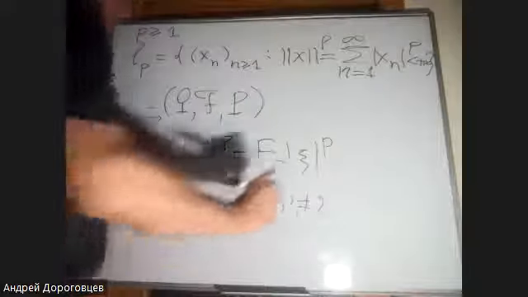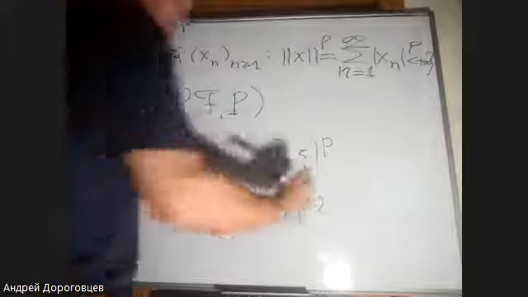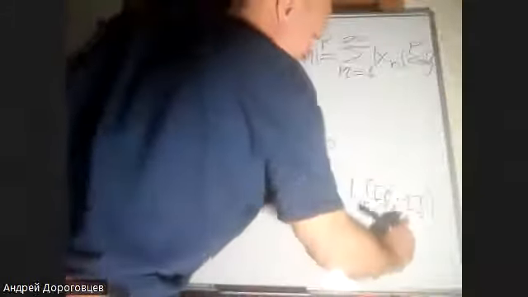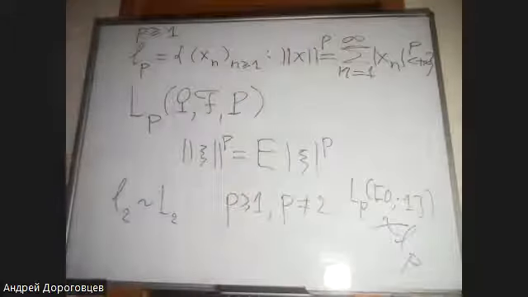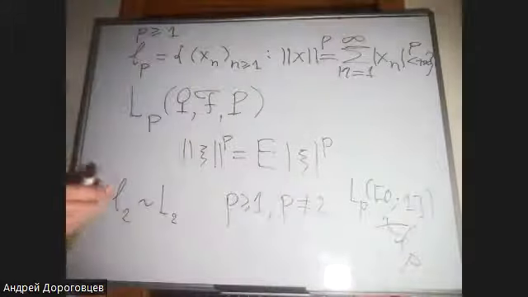It occurs that in this case, for general Ω, for example, Lp[0,1], it is not isomorphic. And we'll start our next lecture with the consideration of this problem.